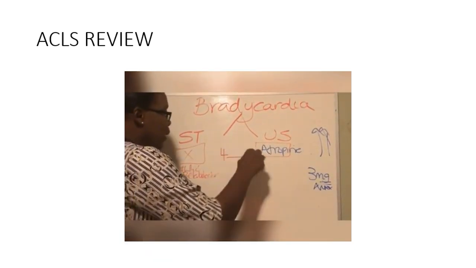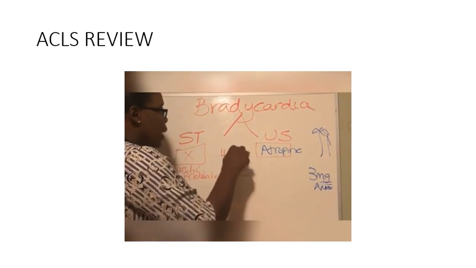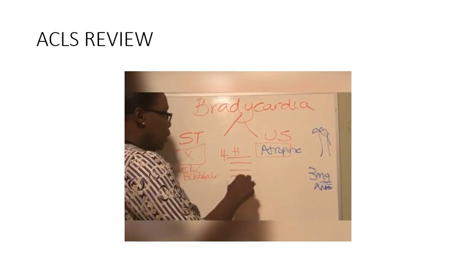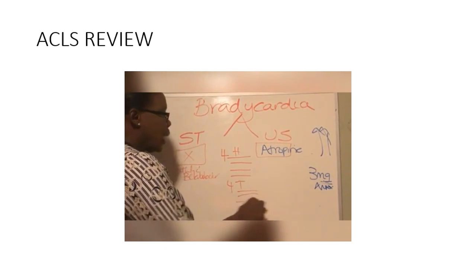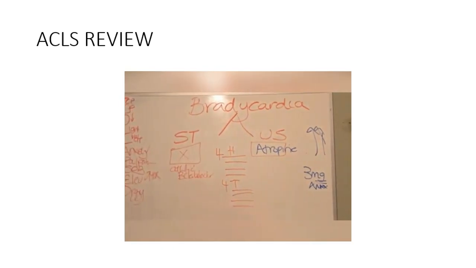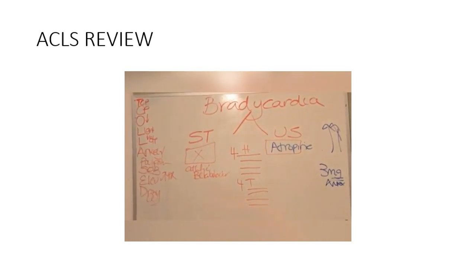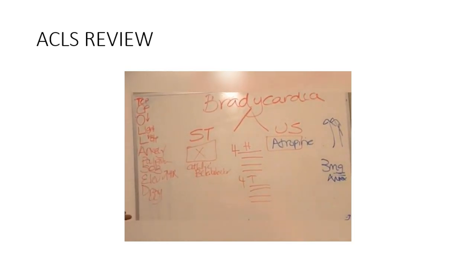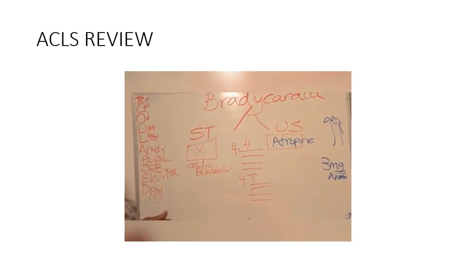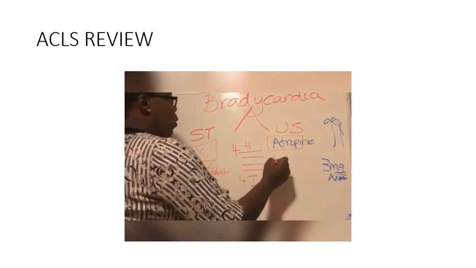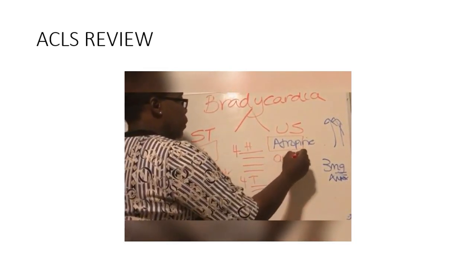See, this is why you need to know your 4 H's and your 4 T's. These are reasons why a person will have bradycardia. Now, atropine is given from 0.5 milligrams to 1 milligram. So you can start off with 0.5 to 1 milligram.